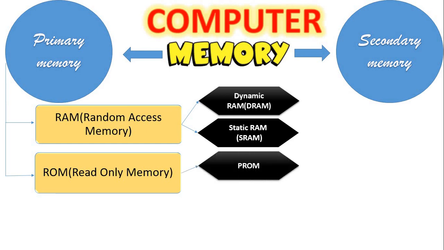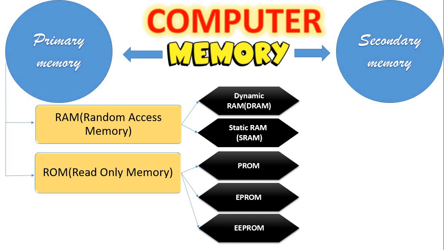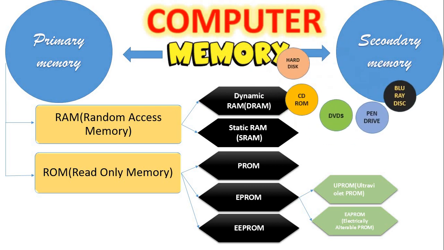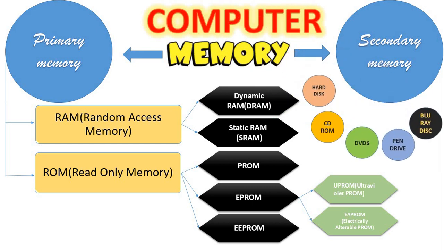ROM is further classified as PROM, EPROM, and EEPROM. EPROM is further classified as UVPROM, that is ultraviolet PROM, and EAPROM, that is electrically alterable PROM. And a few examples of the secondary memory devices or the storage devices are hard disk, CD-ROM, DVDs, pen drives, Blu-ray disc, and so on.